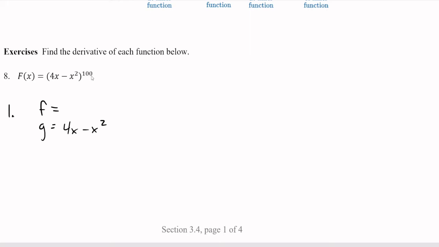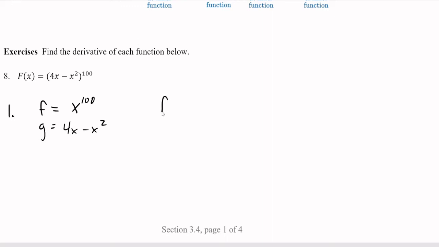Oh, I'm raising it to the power 100. Well, what's that as a function? Raise something to the 100. Oh, it's just x to the 100. When you look at this, g is usually the function you see first. It's the inside. And then you ask yourself, what's happening to that function? Here it's raise it to the power 100. So, x to the power 100. That's it. That's f and g.